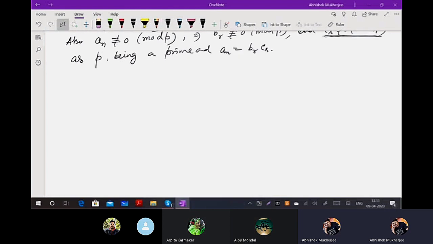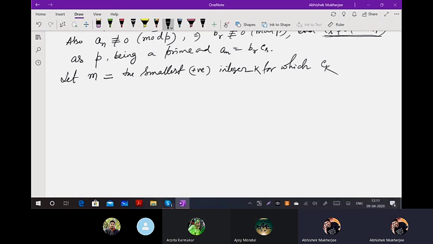Now let m be the smallest positive integer of all those k's for which c_k is not congruent to 0 mod p.